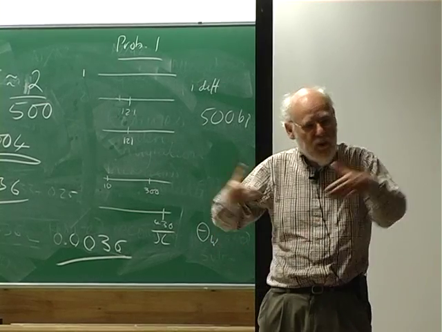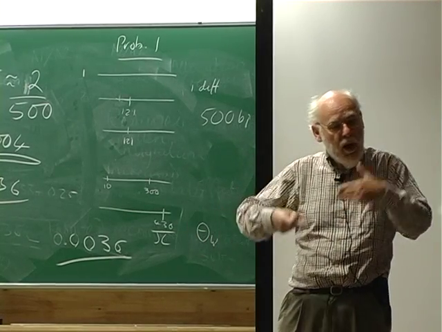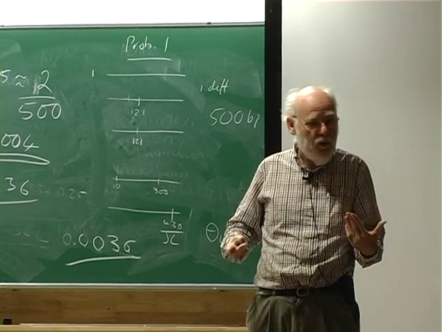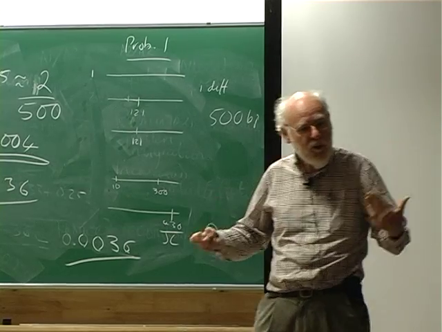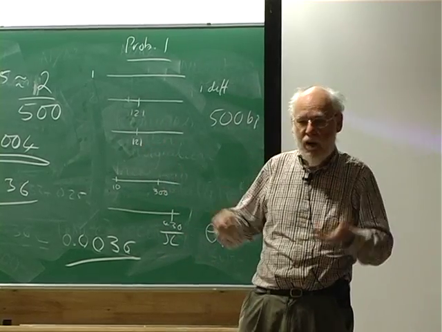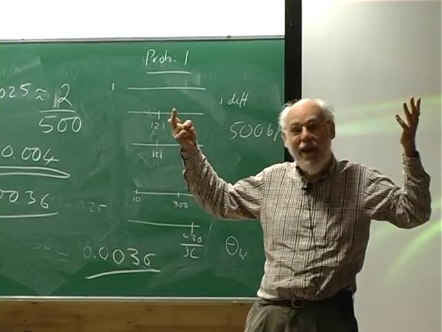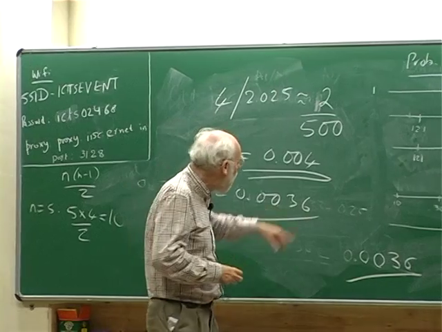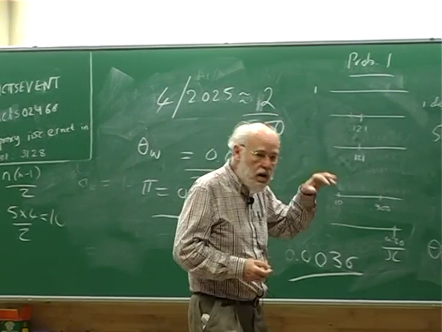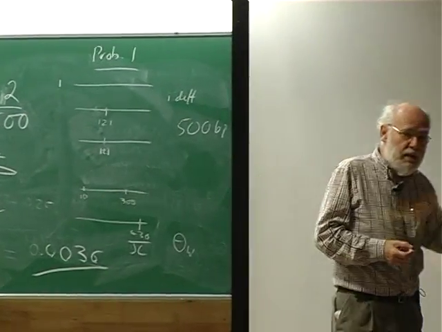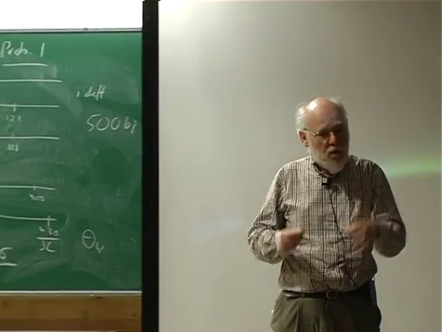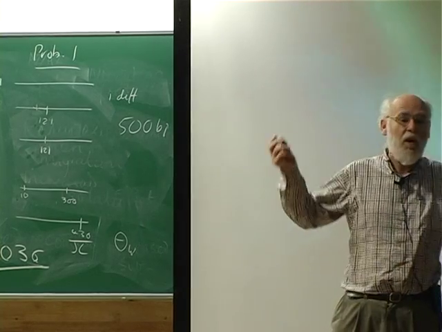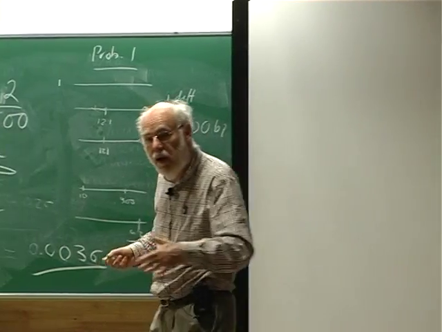So there are a variety of different factors which could cause a difference between pi and theta, on the basis of the assumption of the standard model.